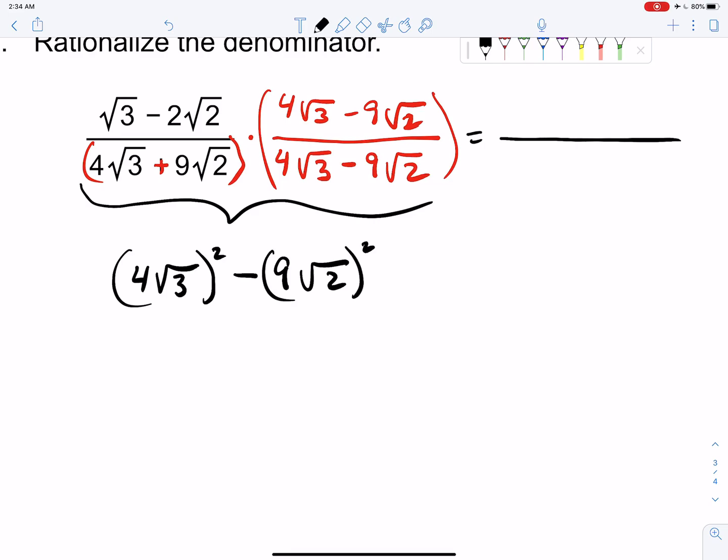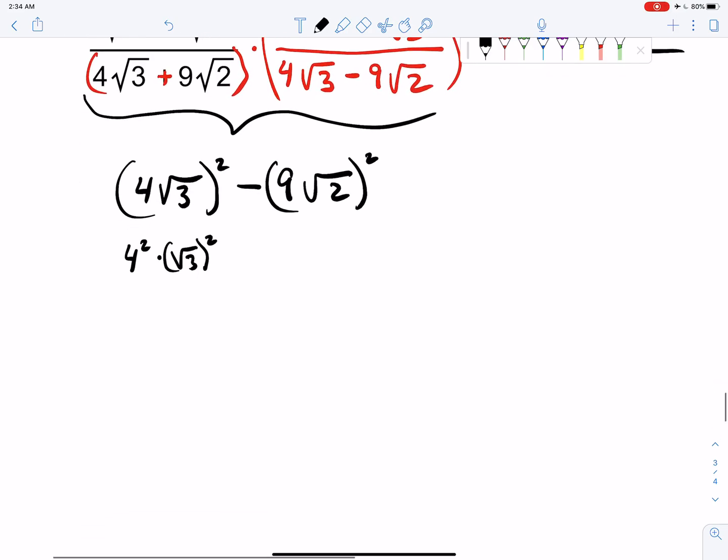When you square this first, it's going to be 4 squared times square root of 3 squared, which could be done in your head, right? 4 squared is 16, and square root of 3 squared is just 3. And 16 times 3, might as well finish it off, is 48.